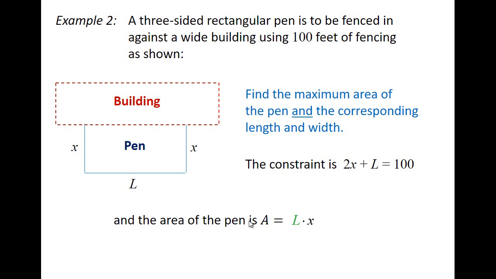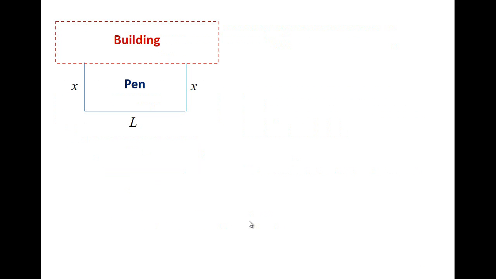Okay, so to understand the problem, let's look at some observations. Here is the pen, and the constraint is that 2x plus L is 100. Let's look at different values of x and L and see what area we get out of them.